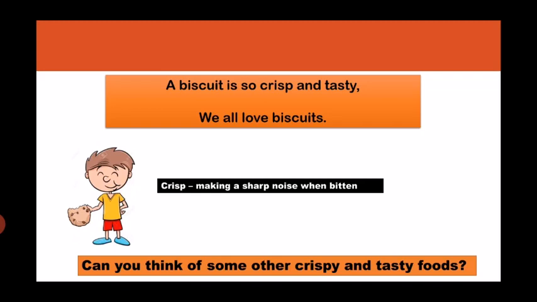Those things are called crispy foods. So even biscuits that are hard are crispy and tasty. Can you think of some other crispy and tasty foods? I have given you an example of wafers. You can think of some more foods.